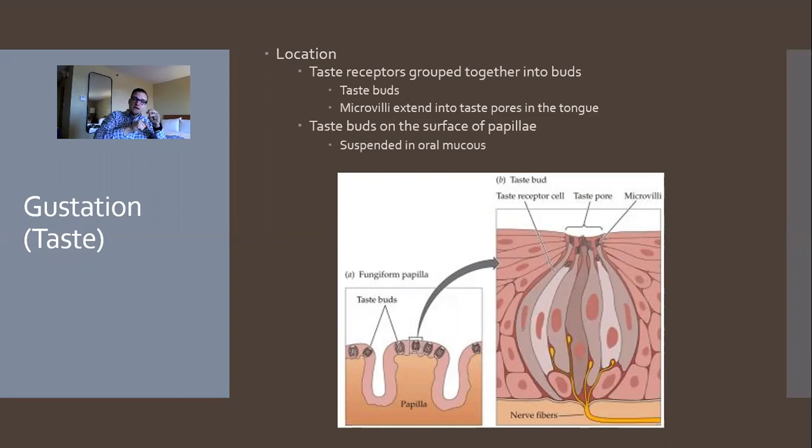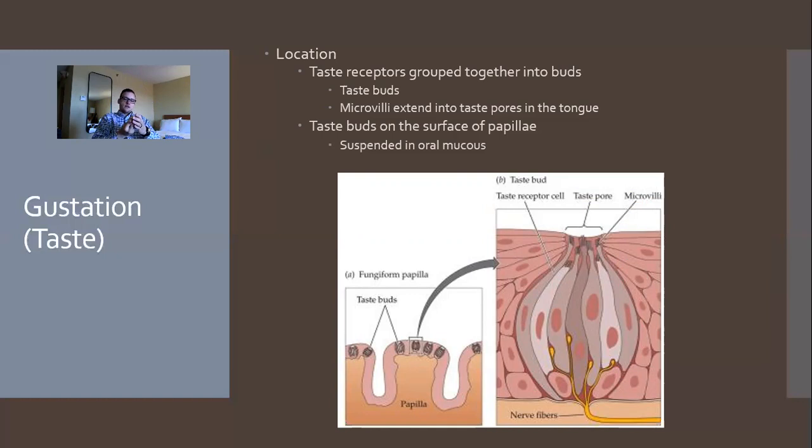Now each of the receptors has, from one end, little hair cells called microvilli. And these villi extend from the taste receptor cells up into these openings in your tongue called taste pores.